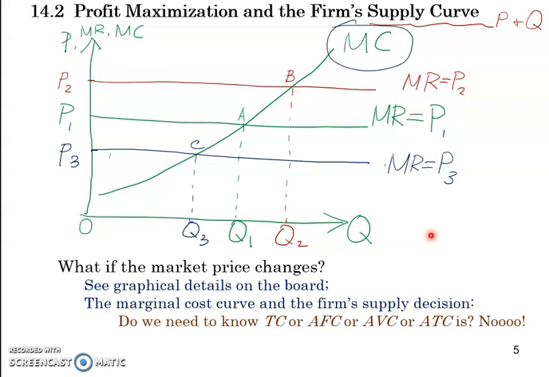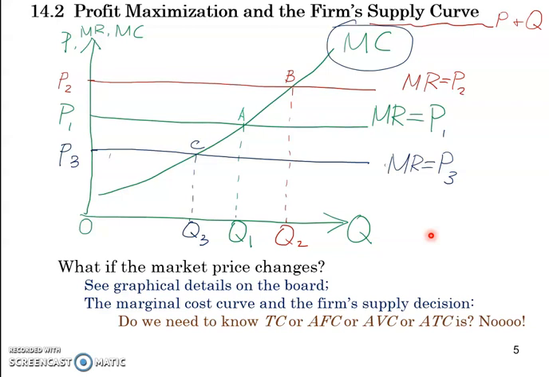But from this video and the previous one, what we learn is that because rational firms make the decision at the margin, the only things we need to figure this out are marginal revenue and marginal cost. With these 2 marginal variables, it is sufficient to figure out, number 1, the profit maximizing point, and number 2, the firm's supply curve.